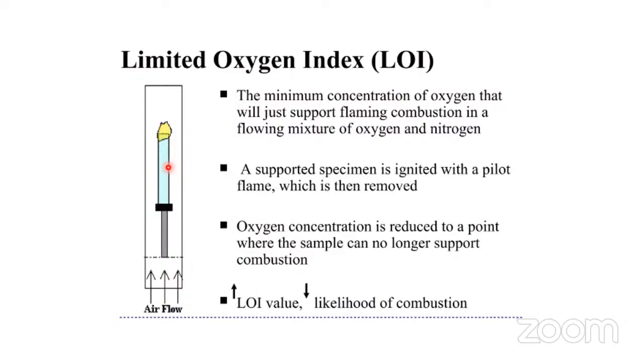If your polymeric material is flame retardant, it retards the flame in a very good percent, then we will increase the percent of oxygen. If at 25% oxygen as well your flame is getting stopped, then it is a good flame retardant. Your polymer is a good flame retardant.